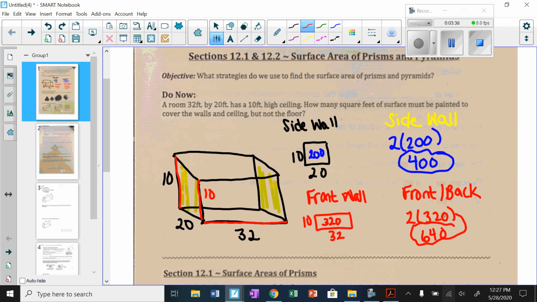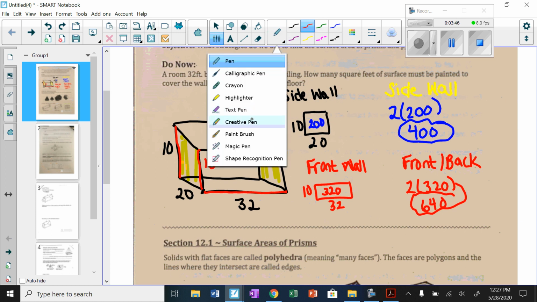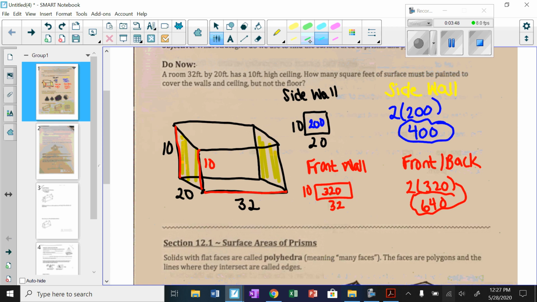Now, we are not painting the floor, but we are painting the ceiling. So let me highlight that ceiling. Here's the ceiling that we're painting. Now I need my base and my height for this rectangle. Well, the base is going to be the same base as the bottom, so that's going to be 32.